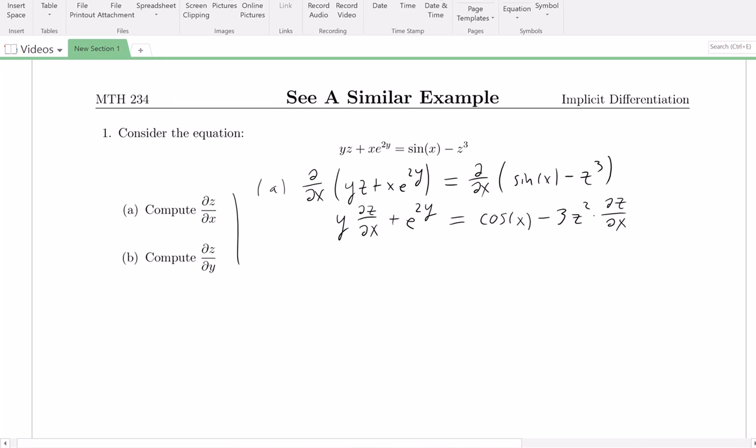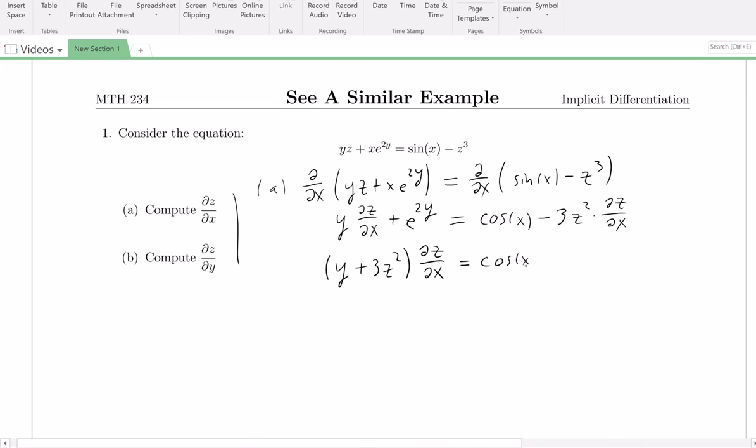And now to finish, we just use algebra. So just move things around and try to solve for partial z partial x. So let's move the two terms that have partial z partial x to the left hand side and factor it out. So we get a y and a 3z squared. And move the other terms to the other side.